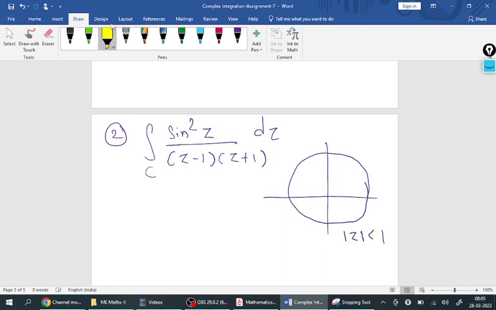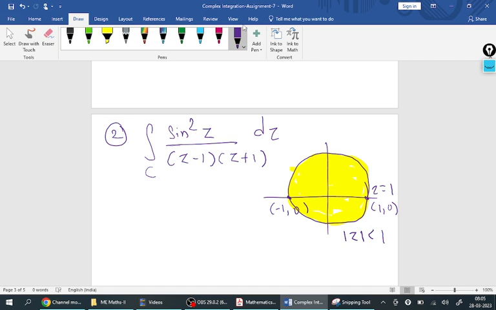So in this case, our region is this one. This is inside the circle. And for this we have z equal to 1 and minus 1. You'll observe z equal to 1 means x is 1, so this is 1 comma 0, and z equal to minus 1 is somewhere here, that is minus 1 comma 0. So both are on the circle.